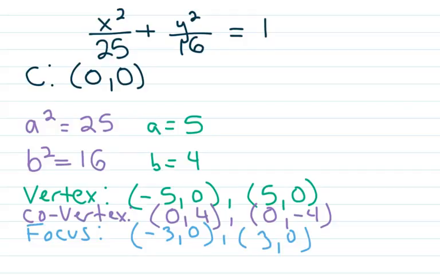So basically you guys are taking the center value and you're adding and subtracting whatever your A and your B is. Yes? And since this is horizontal, I know that my x's change for these two. And for the co-vertex, I know that my y values change. Okay? I mean, this wasn't too bad. When the center's at 0, it shouldn't be too bad of a problem to do.